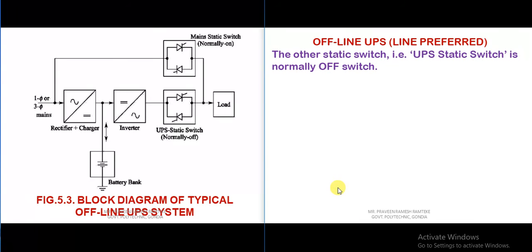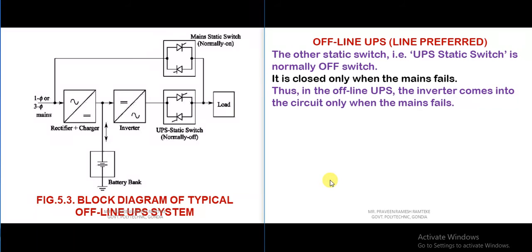It is closed, or on, only when the mains fails. Thus, in the offline UPS system, the inverter comes into the circuit only when the mains supply fails, then only the UPS comes into the picture.